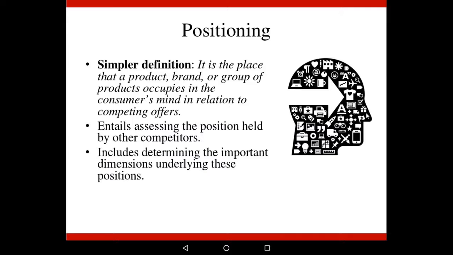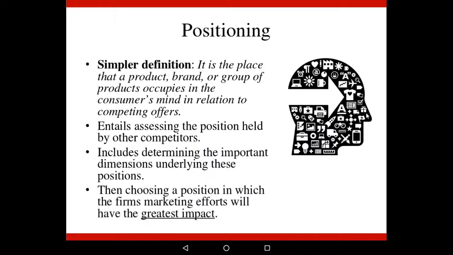Why do people believe the way they believe? What is it that they believe about competitors' products? And then what you do is you choose a position in which your firm's marketing efforts will have the greatest impact for you. In other words, you almost choose where in people's minds you want your product to sit. But we will cover this in great detail in Chapter 7.